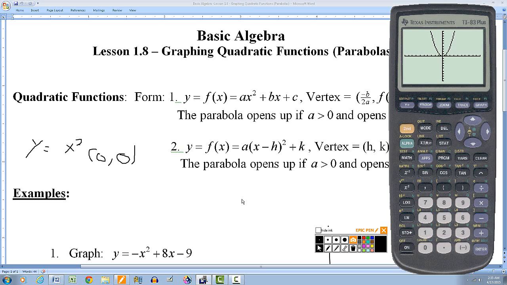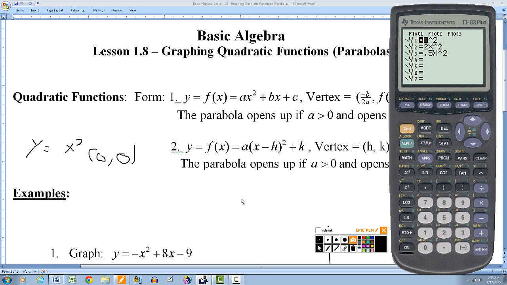So let's look at an example. So in the second one I have y equal to 2x squared. So that could be a negative 2. So keep in mind that if the coefficient there is negative, the graph just opens down. But let's go ahead and select this one.